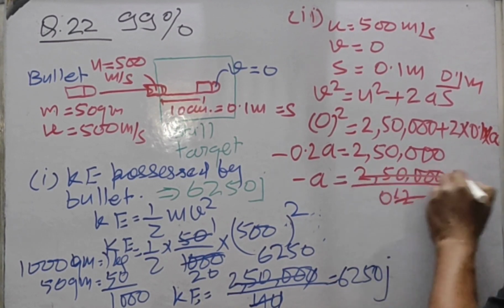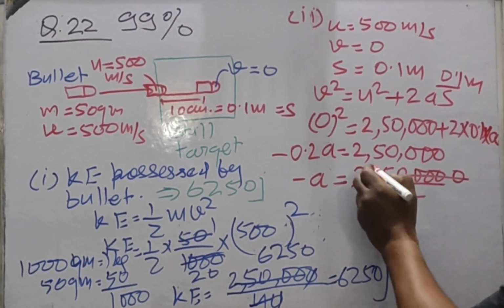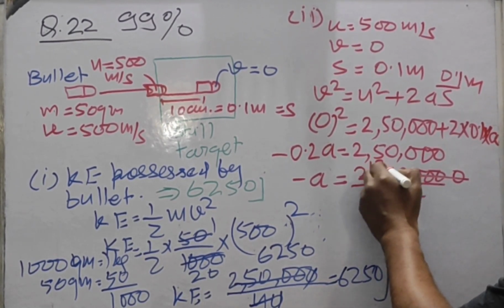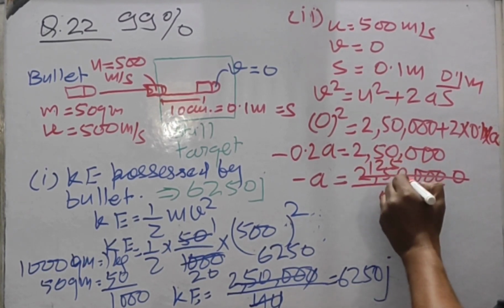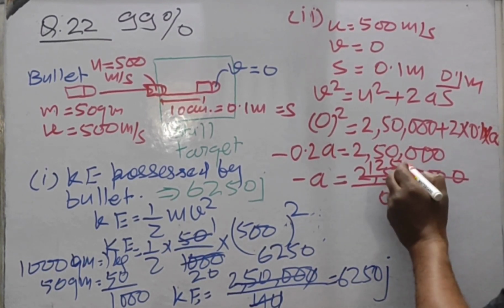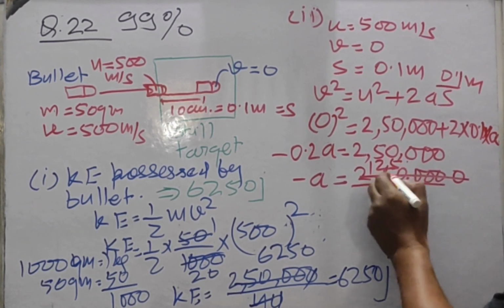2 1s are 2, 2 2s are 4, 2 5s are 10. Oh my God, it's very high, 12 lakh.